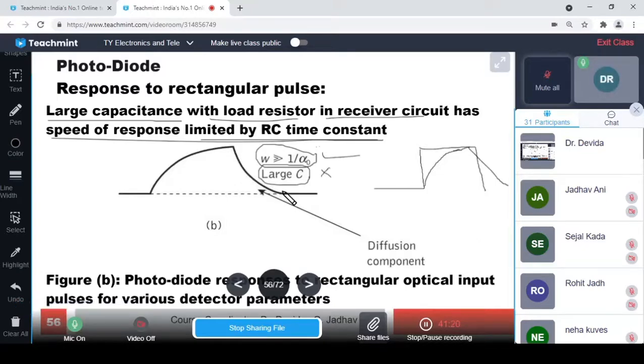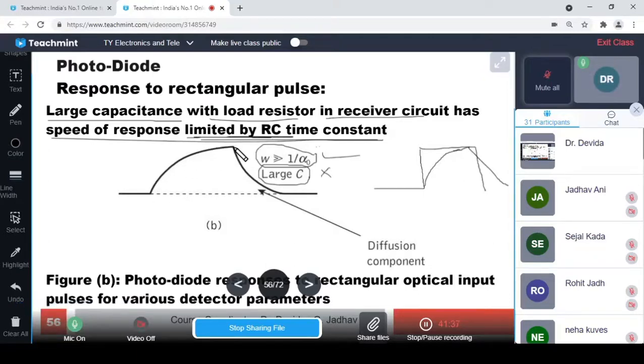The capacitor and resistor delay the signal. Charging delays the signal. Therefore the rectangular pulse gets delayed.